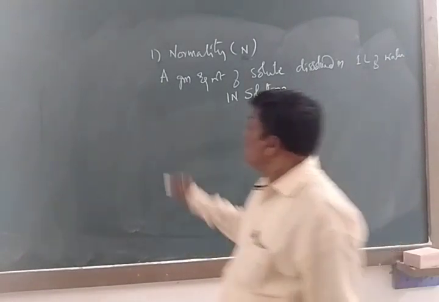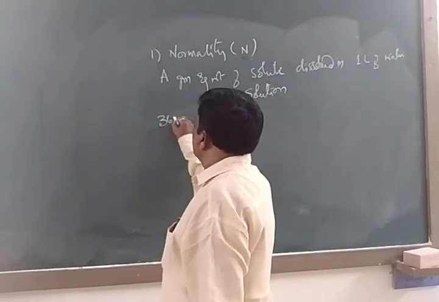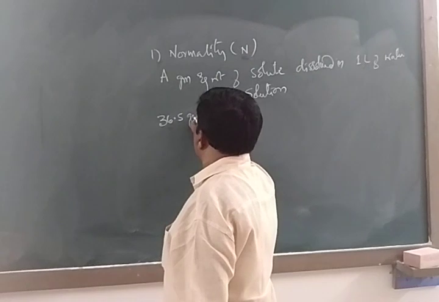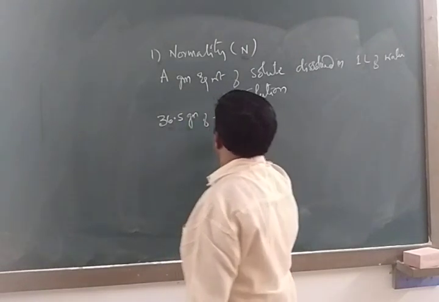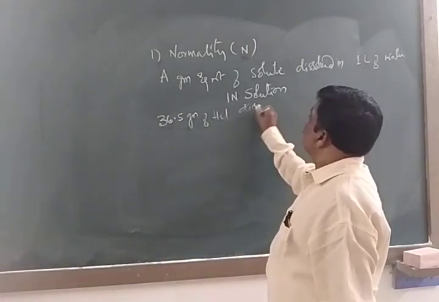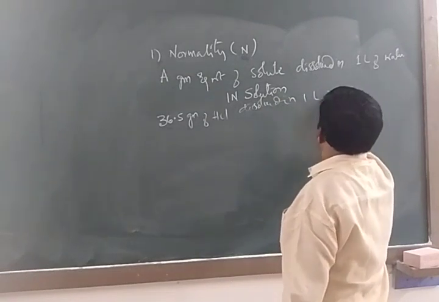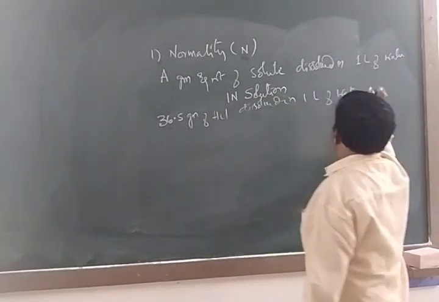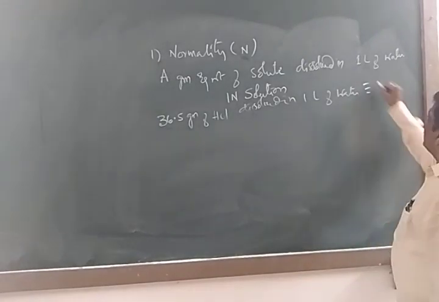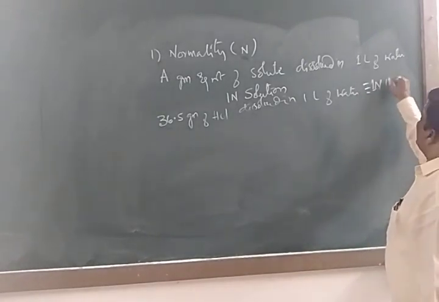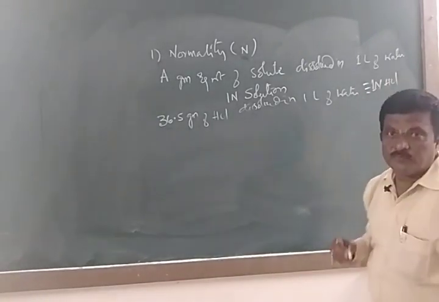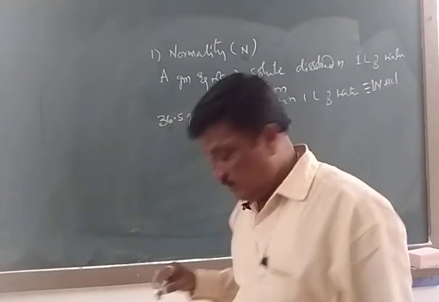For example, 36.5 grams of HCl dissolved in 1 liter of water is called 1N HCl.